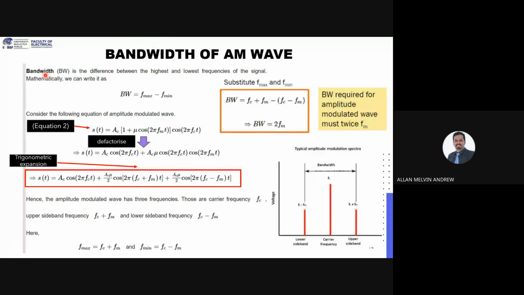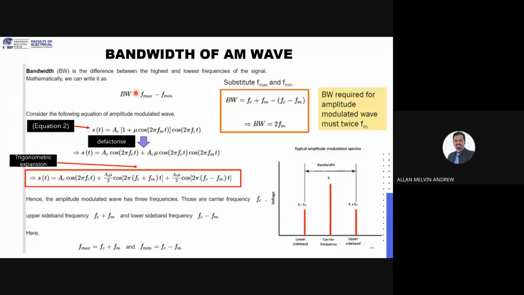Bandwidth, we write it as BW, not Butterworth. So BW is bandwidth. The bandwidth is the difference between the highest and lowest frequency of a signal. So bandwidth is the maximum frequency f max minus the minimum frequency f min. That is what we call bandwidth.